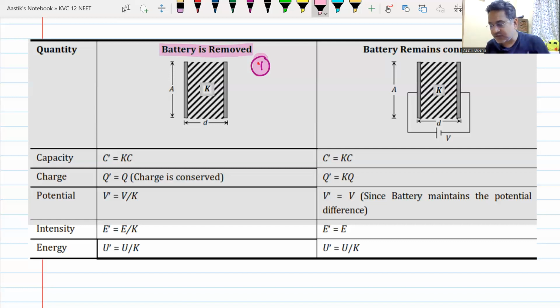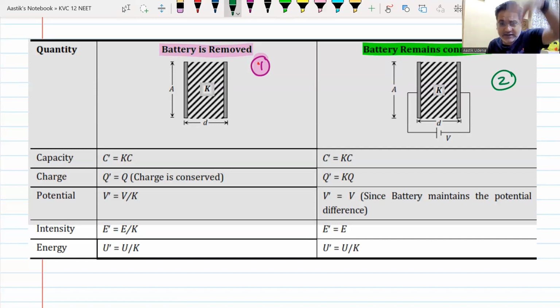Battery is removed after charging. In this green case, case number 2, the capacitor is charged and we have the battery connected, and then we are inserting the dielectric slab. Do we understand both of the cases? Yes, sir.